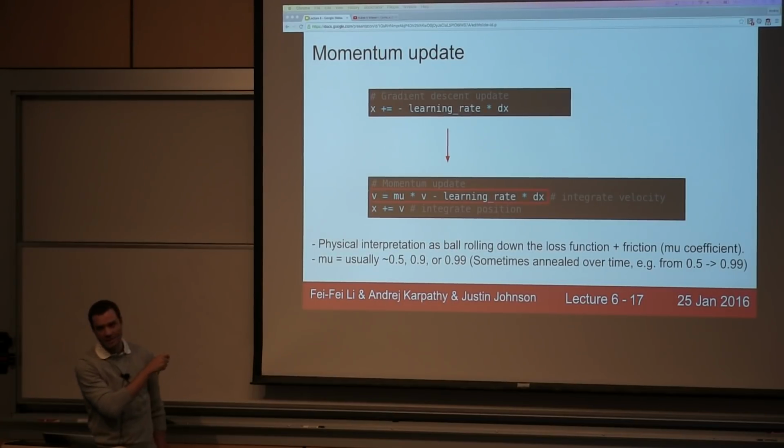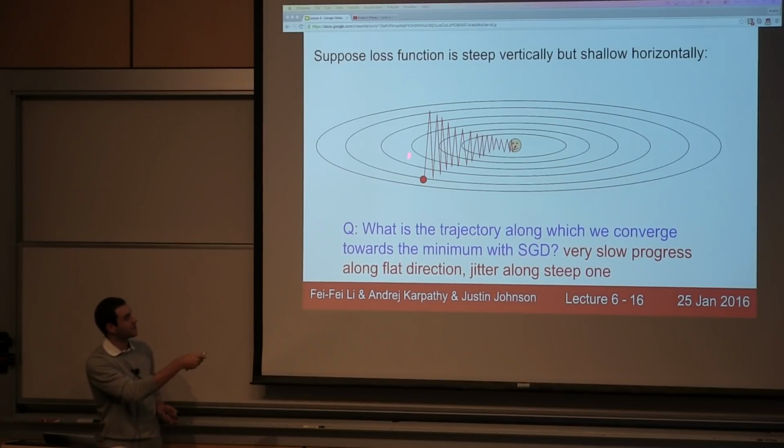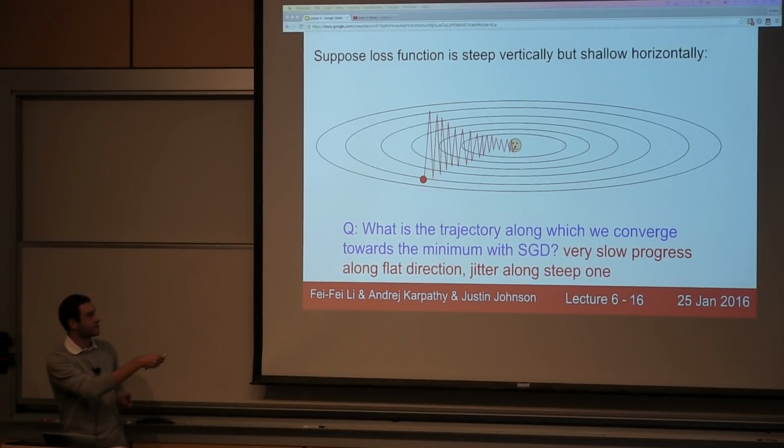This mu here is a hyperparameter, a number between 0 and 1. What it's doing is decaying the previous v and adding on this current gradient. What's nice about the momentum update is that you can interpret it in very physical terms. Using momentum update corresponds to interpreting this as really a ball rolling around this landscape, and the gradient in this case is the force that the particle is feeling.